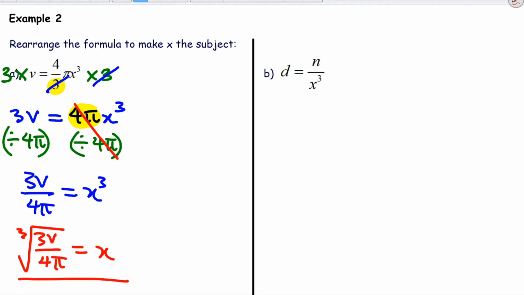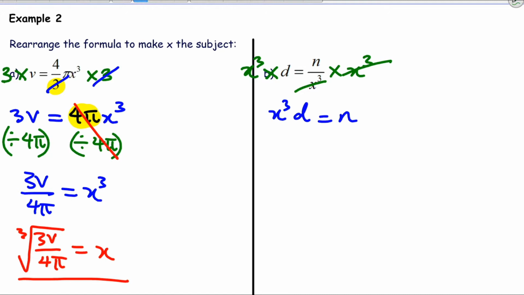We can apply a similar process to work out b. The first step is to get rid of the denominator. So the opposite of dividing by x cubed is multiplying by x cubed. So what we end up with is x cubed multiplied by d is equal to n.